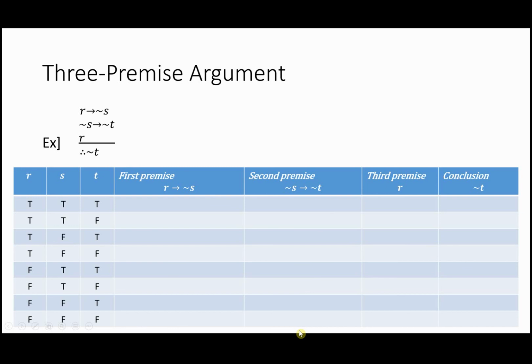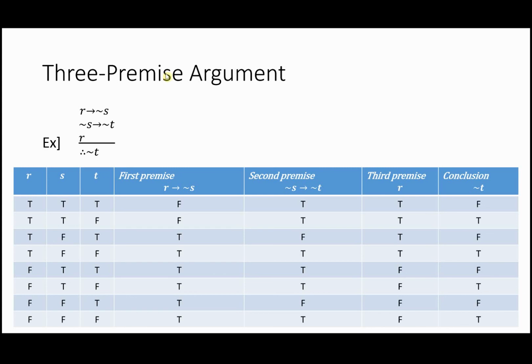You don't want to have this process gummed up with all of your work shown. I think just having the final answers is best. So if you want to do the side work to figure that out, maybe press pause on the video. Otherwise, I'm just going to go ahead and show you here as the first premise, combination of truth values for that conditional statement. Here is the second premise. Here's the third premise, which is simply copy and pasting R, and then negating T is the conclusion.